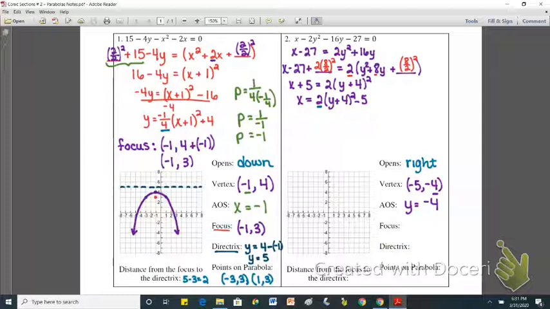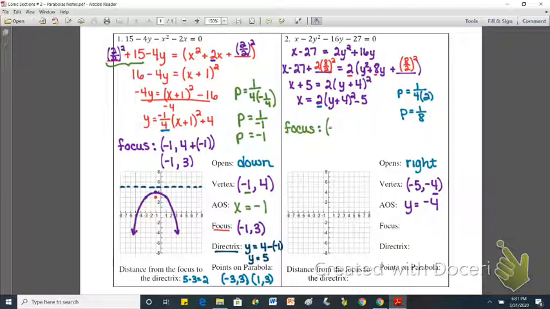So next, let's look at our p-values. So p will equal 1 over 4 times a, and a in this case is 2. So 1 over 4 times 2, that's 1/8. Okay. So to do my focus, this time my x-coordinate is the thing that's changing.